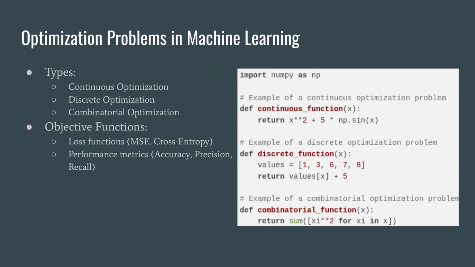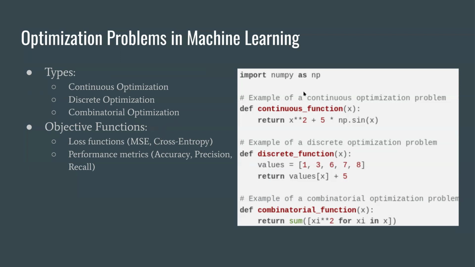Common objective functions include loss functions like mean square error for regression tasks and cross entropy loss for classification tasks, as well as performance metrics such as accuracy, precision, and recall.